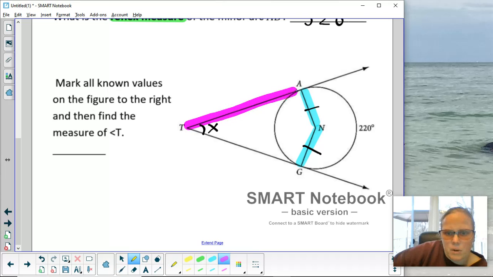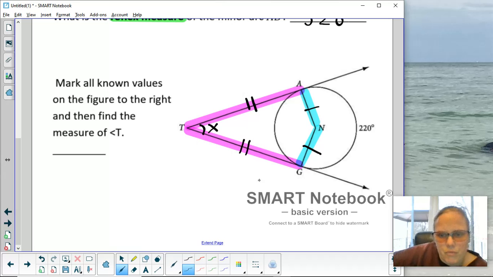They touch at the point of tangency and they meet each other outside of the circle. Those will also be congruent in length, but probably different than the radius. Because we have a tangent segment meeting a radius, we also have 90-degree corners here and here. And finally, they give us the information of this reflex angle measurement. So this measurement over here is 220.